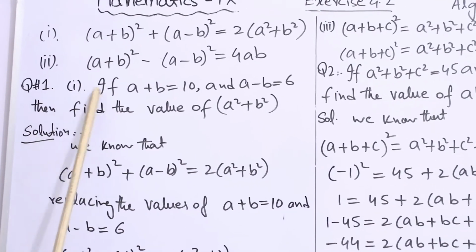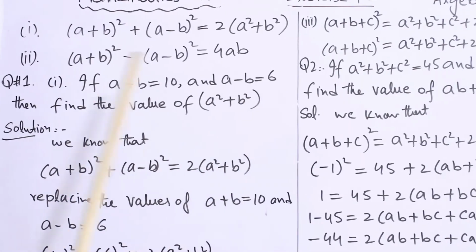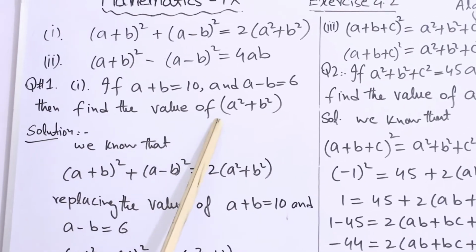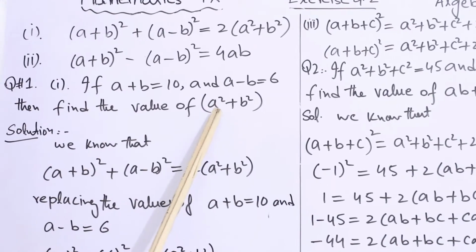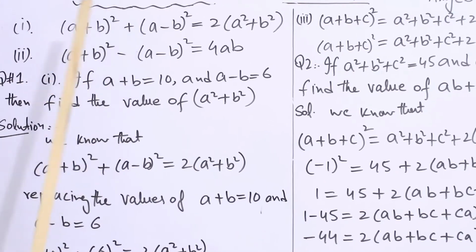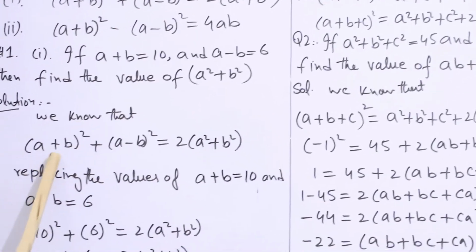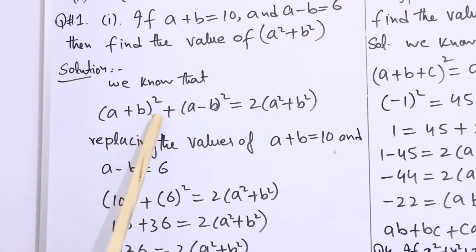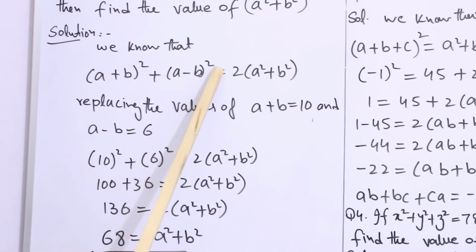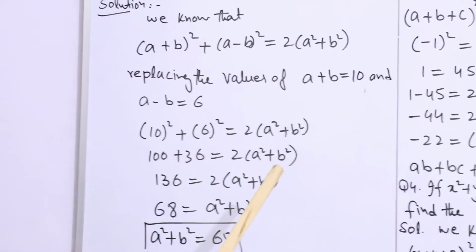Question 1, first part: if a + b = 10 and a − b = 6, then find the value of a² + b². Since we have to calculate a² + b², we use the first formula. We know that (a+b)² + (a−b)² = 2(a² + b²).